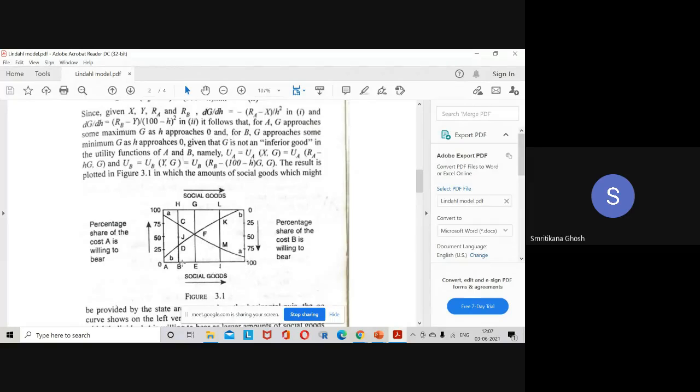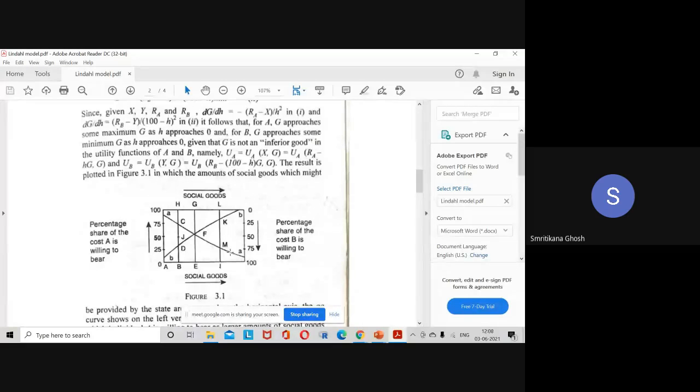Now when the amount of the social good is increasing, the percentage willingness to bear for individual A will fall, right? So that is why the curve for individual A is downward sloping. When the amount of the social good available for individual A increases, the percentage share of the cost, that is the willingness, is just like the marginal cost situation. So the willingness to pay by individual A will fall.